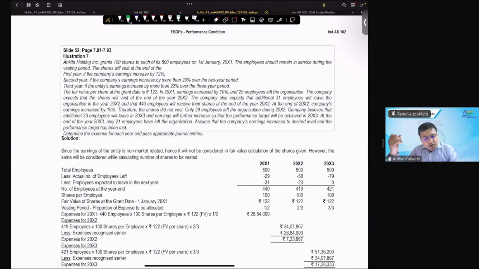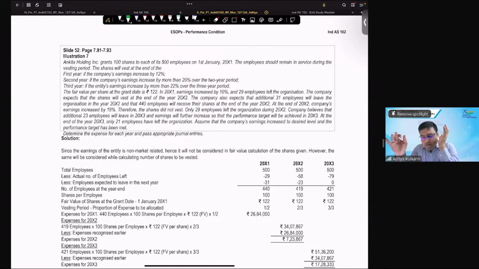So how are you going to do the accounting for this? One thing we have to understand: a non-market-based performance condition means the impact will not be considered in the fair value of the shares at the grant date, because this has nothing to do with the market price.